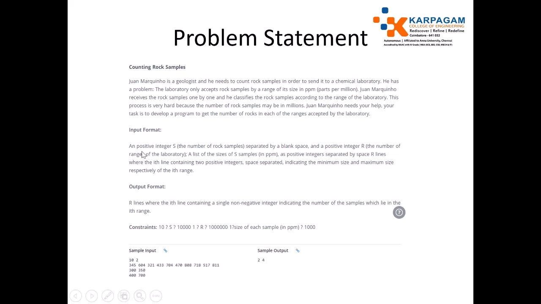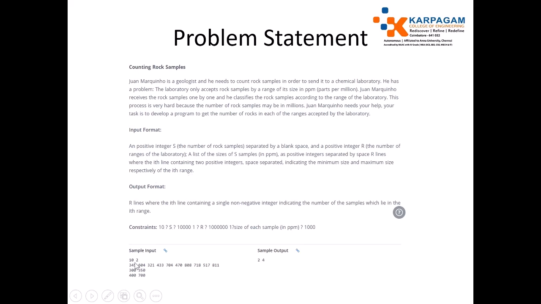So here the input format will be a positive integer s and a positive integer r separated by a blank space. Then a list of the sizes of s samples as positive integers separated by a blank space, followed by r lines, where the ith line contains two positive integers, space separated, indicating the minimum size and maximum size respectively of the ith range.